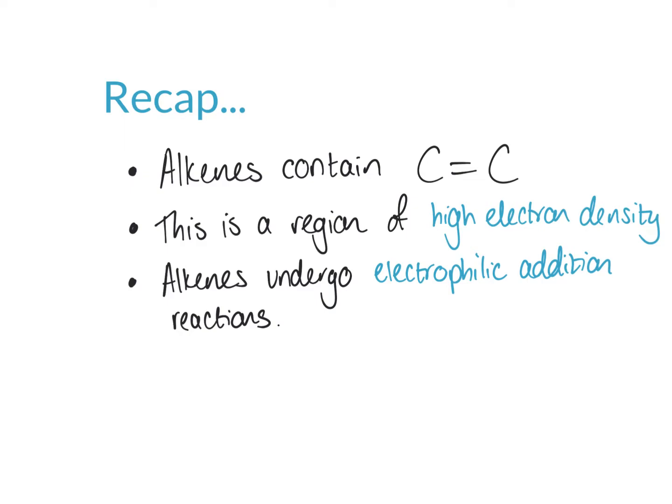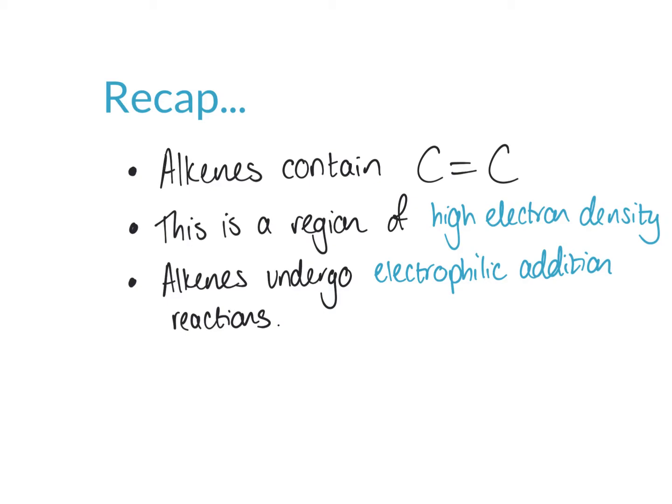One of those bonds within the carbon-carbon double bond is a sigma bond, but one is a pi bond, which is slightly weaker, and it's prone to attack by what we call electrophiles, molecules that love electrons, that are attracted to regions of high electron density. And so as a result, we see that alkenes undergo these type of reactions called electrophilic addition reactions. And that's where we're going to be adding a molecule across the double bond.